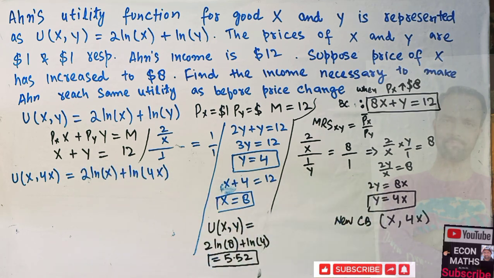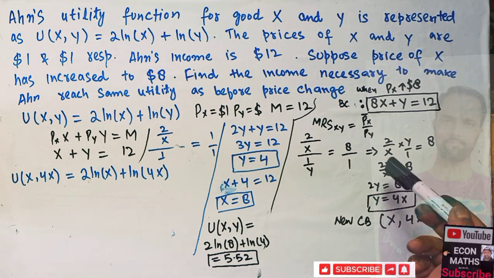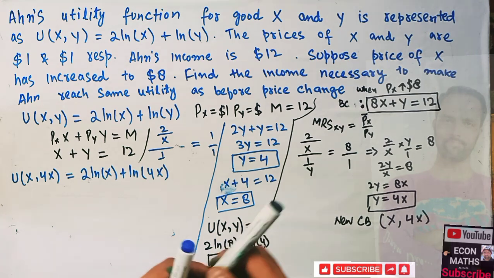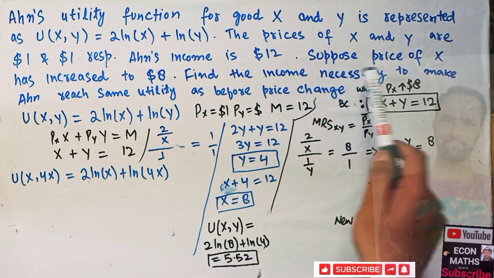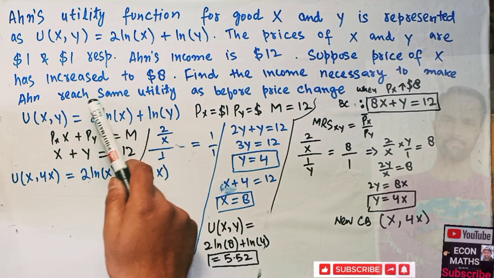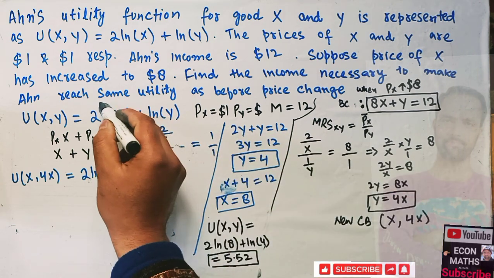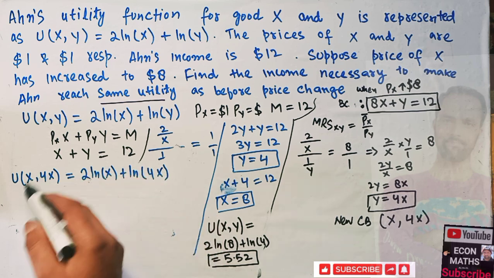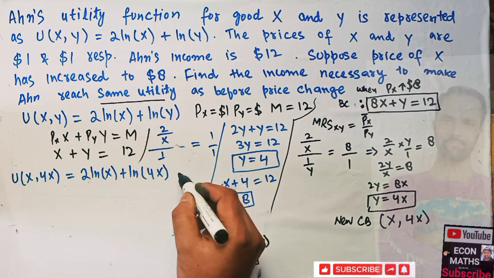Simple thing, we just plug the new consumption bundle in our old utility function. Since we are being told to find the income necessary to reach the same utility as before, we just need to equate this new utility with the old utility.